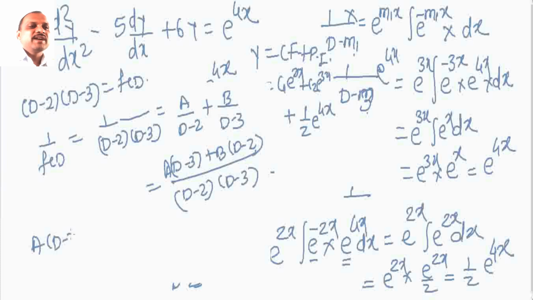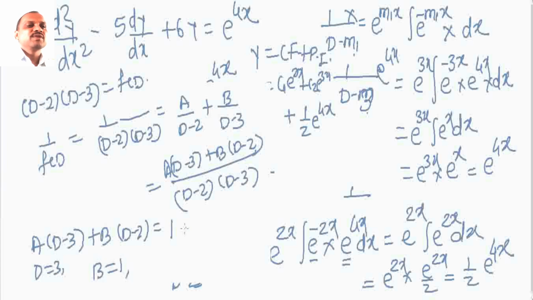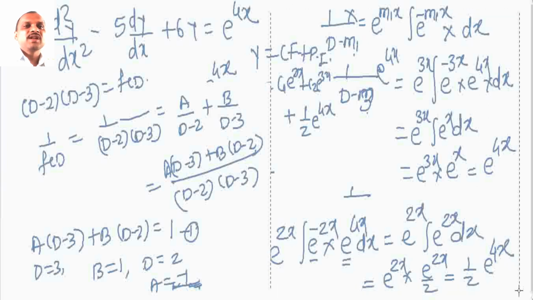Then A into D minus 3 plus B into D minus 2 will be equal to 1. Let us put D equal to 3. If we put D equal to 3, we get B equal to 1. Now if we put D equal to 2, we get A equal to minus 1.